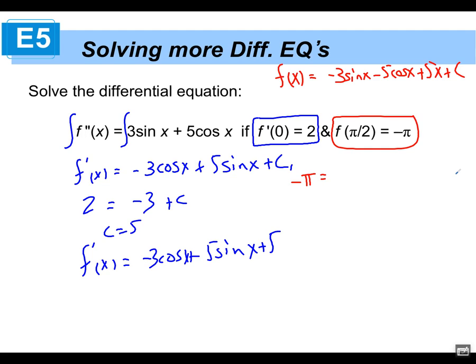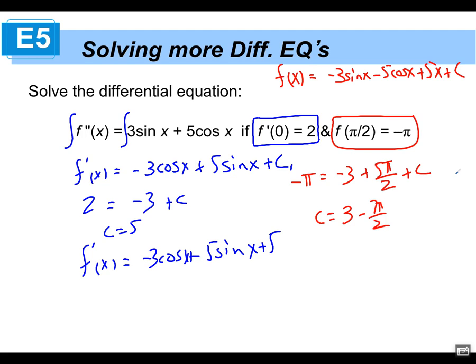Negative pi is equal to, what's the sine of pi over 2? 1, so negative 3. What's the cosine of pi over 2? 0. That disappears. Plus 5 times pi over 2 would be 5 pi over 2 plus c. Which makes c equal to 3 minus 7 pi over 2.